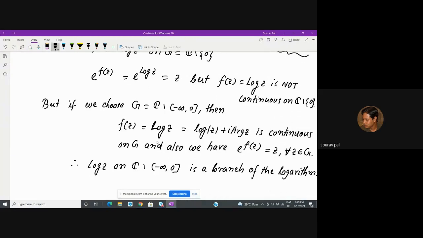So we have at least one example of a branch of logarithm.